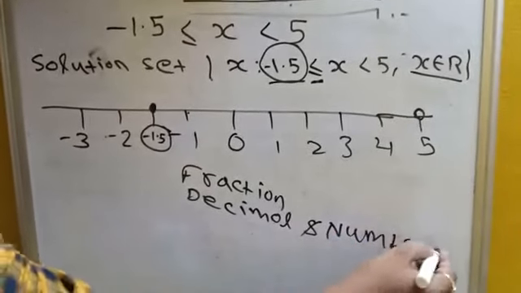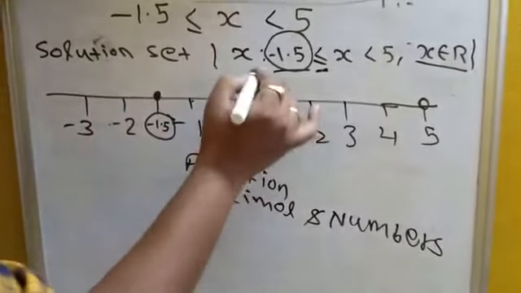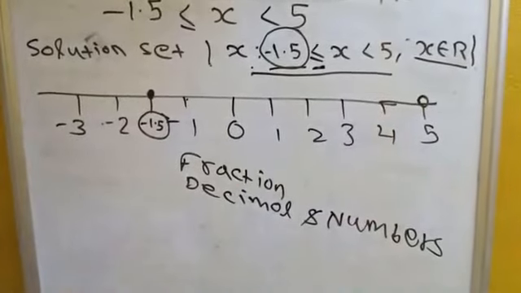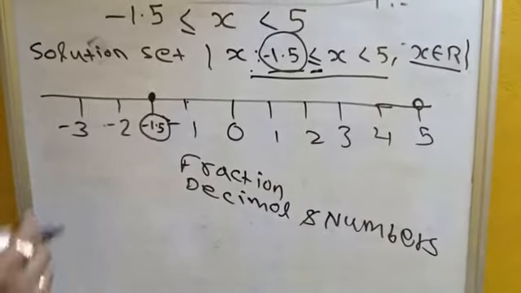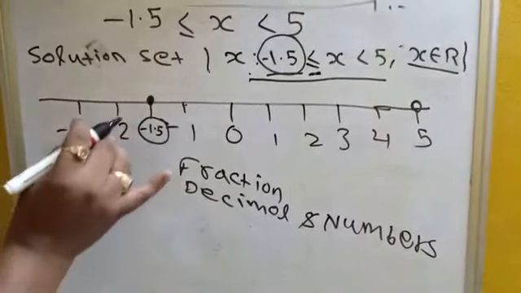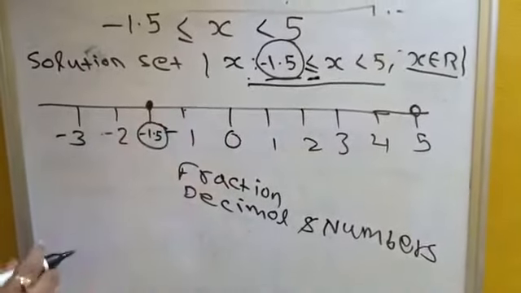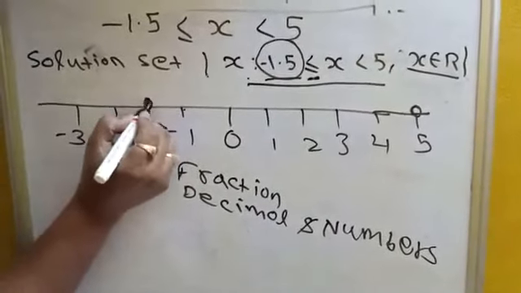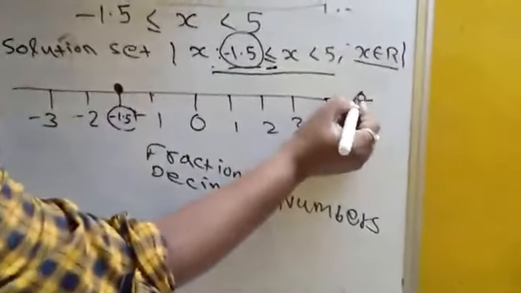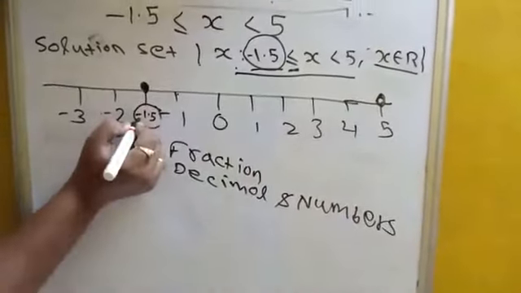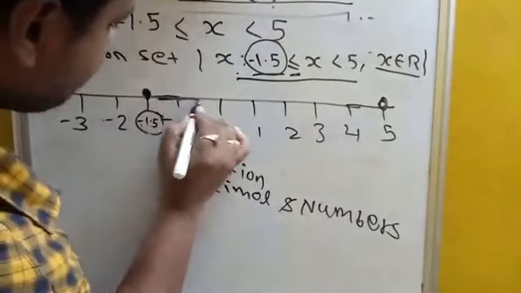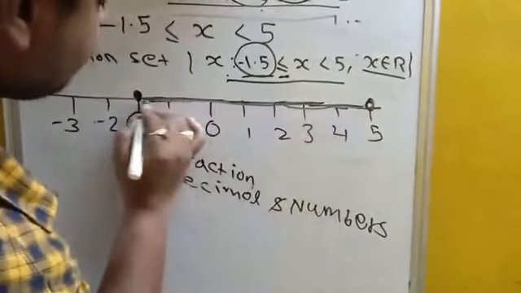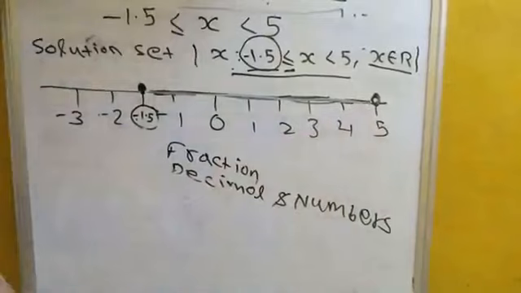So here the solution set is minus 1.5 to 5, which means all the numbers will come, whether fraction, decimal or whole number, whatever numbers are in between. So you write a dark circle at minus 1.5 and a hollow circle at 5 because it is not equal to, and you mark this line totally dark.